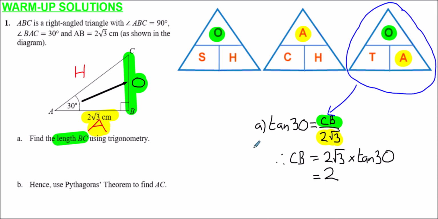Then part B, it says hence use Pythagoras' theorem to find the length AC. For part B, AC, the hypotenuse squared, is this side squared plus that side squared. So it's going to be 2√3 squared plus 2 squared, and all of that square rooted.